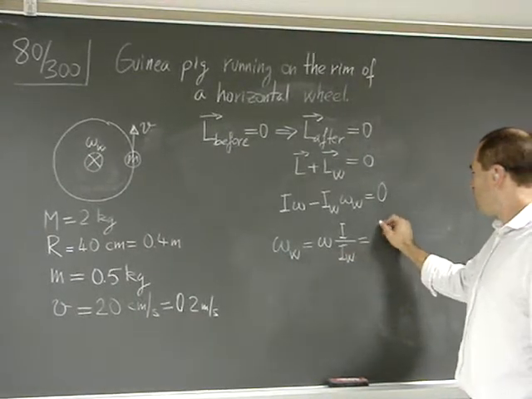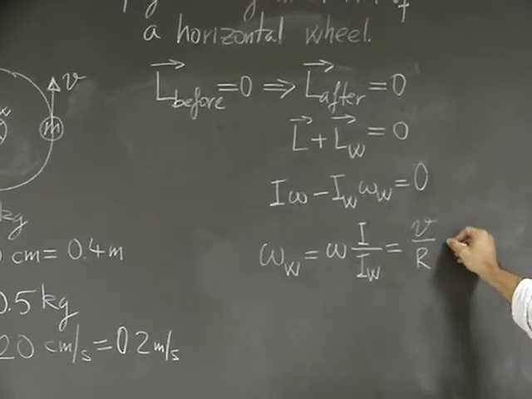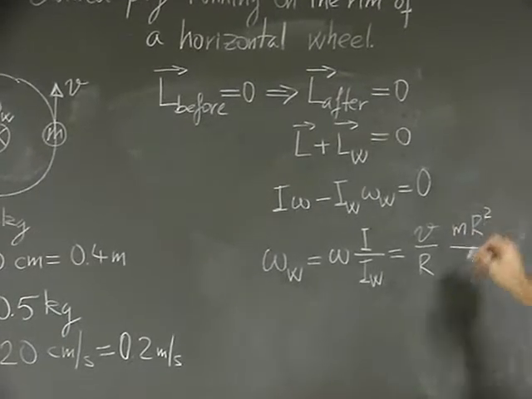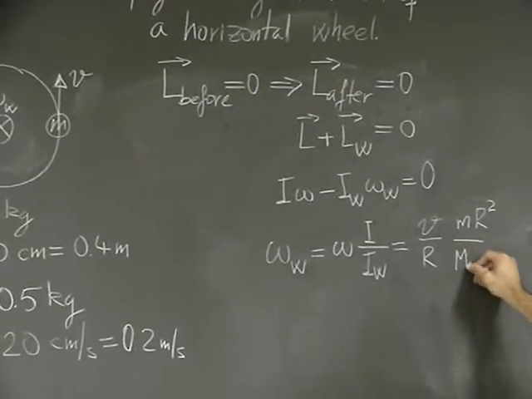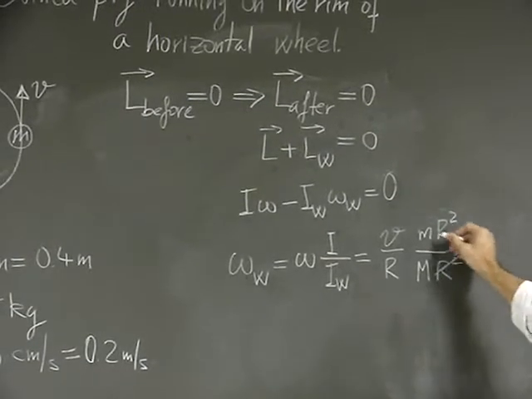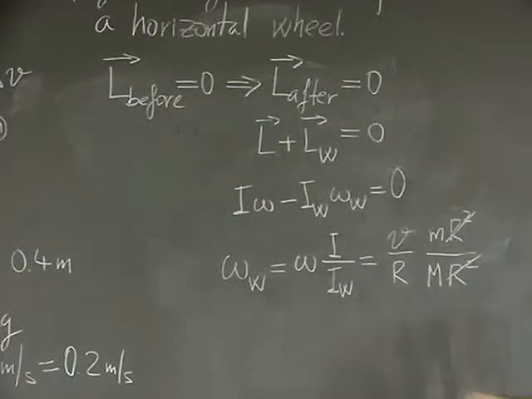Now we have to reduce this to the quantities that we have. Omega is going to be v divided by R, and I is small m R squared, and I_w is big M R squared. And I can happily cancel R squared in this expression.